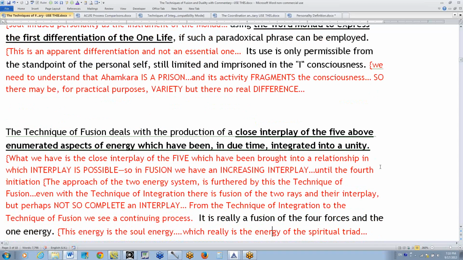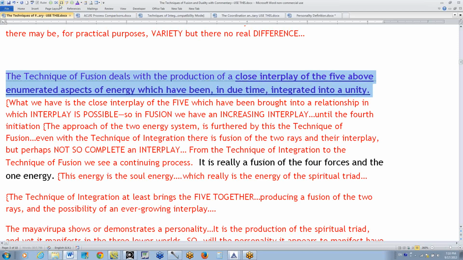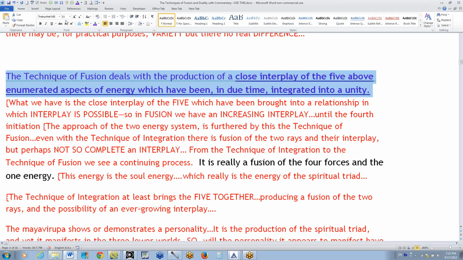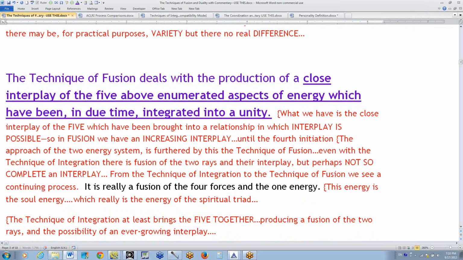The technique of fusion deals with the production of a close interplay of the five enumerated aspects or of energy which we have in due time integrated into a unity. And what are the implications of this? I think some very interesting implications. Implications.